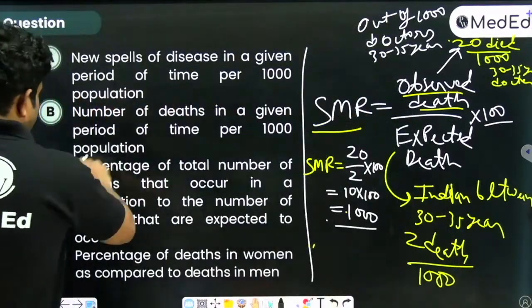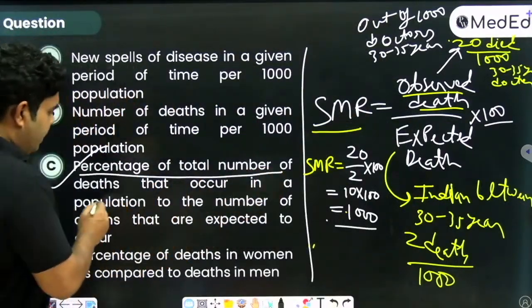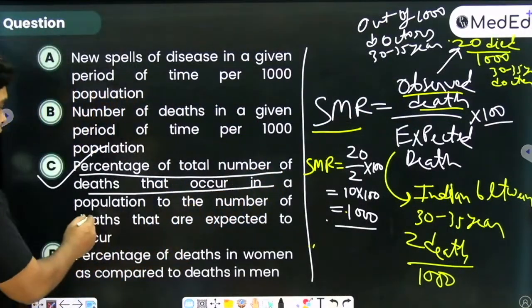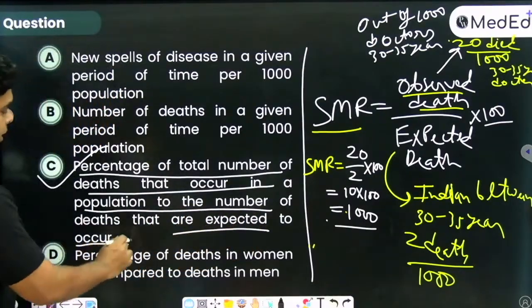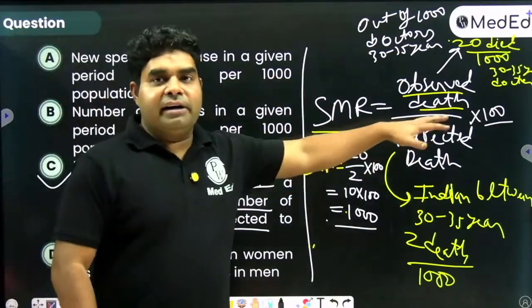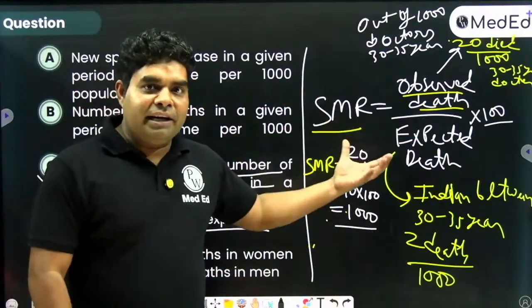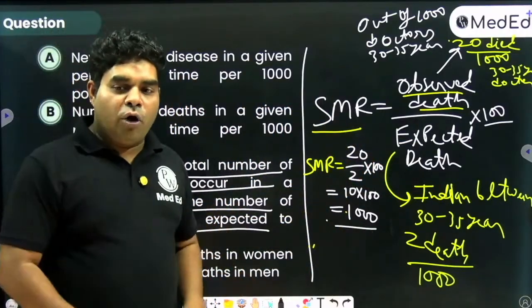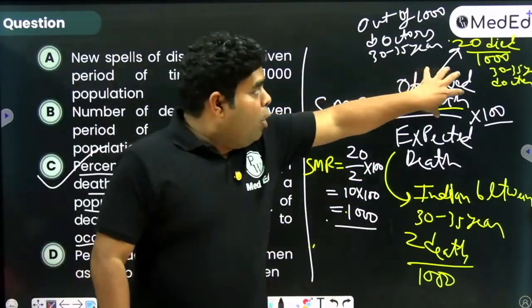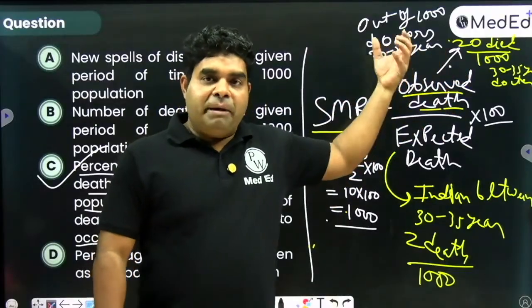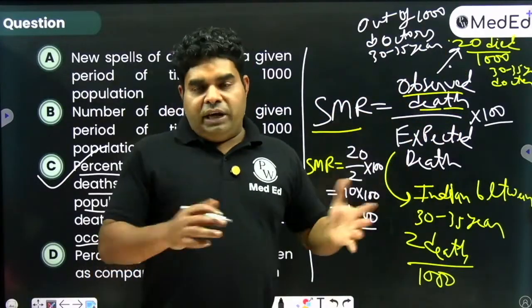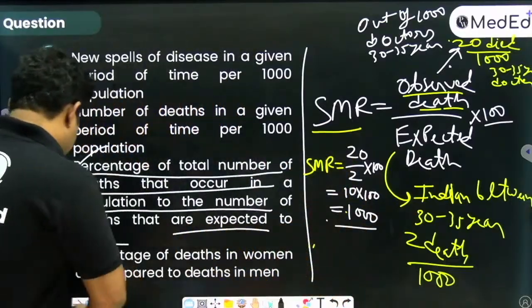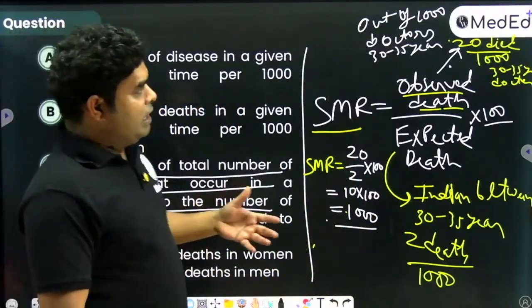SMR means the percentage of total deaths that occur in a population relative to the deaths which are expected to occur. So observed by expected into 100, this is the standardized mortality rate, and it can help us to get funds for any small population where the death rate is high. By comparing them with the national data, expected data, we can get the funds for them. Okay, so this is SMR, and I hope you will remember this formula.